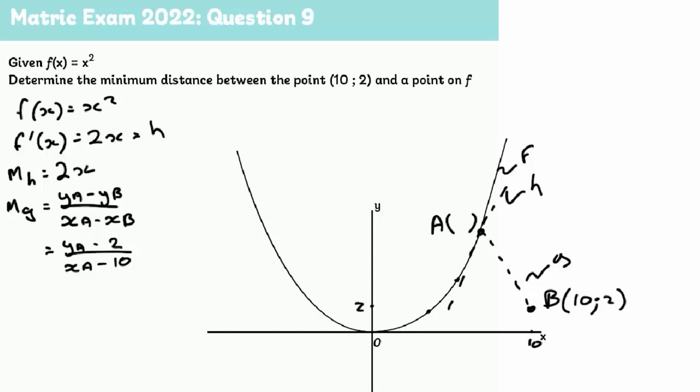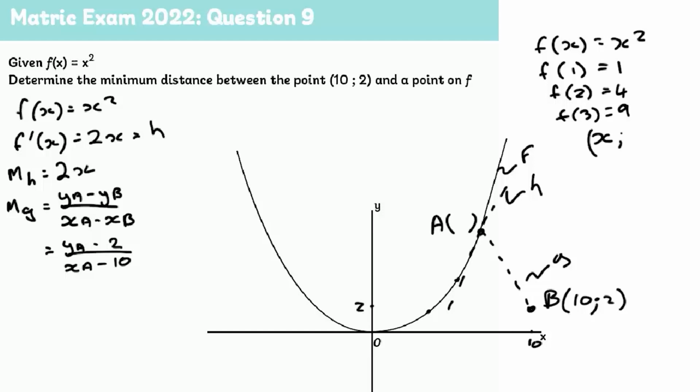At this point, I just want to highlight that f(x) is equal to x squared. Therefore, if we put a 1 in there, this will equal 1. If we put a 2 in there, this will equal 4, etc. So for every value of x, the y value will be x squared.